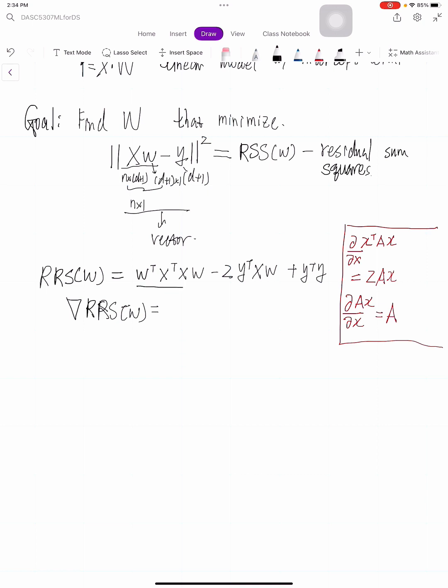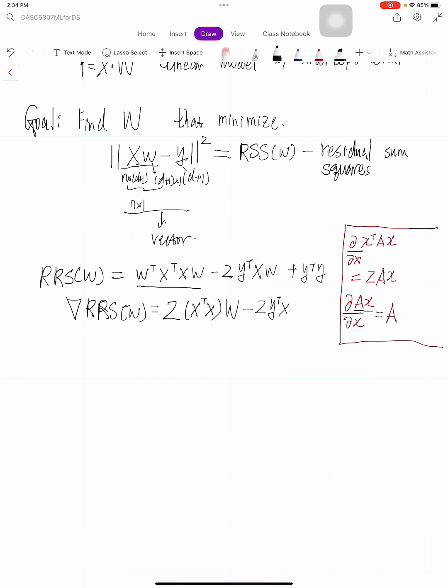So this is a quadratic form, right? This is the W A W form. So the derivative will be 2 times X transpose X W, okay, minus 2Y transpose X. If you have the derivative of a linear term, you just have the constant in front, and the last term is just a constant.